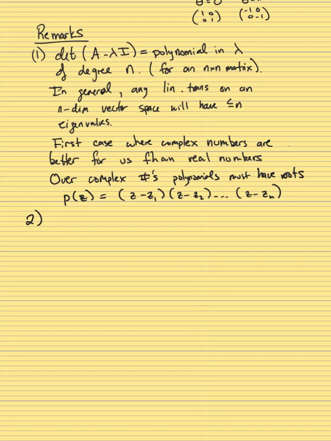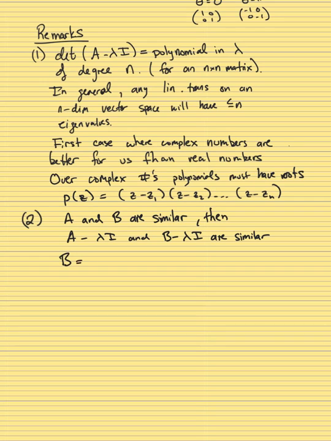The second thing that I want to remark on is that if A and B are similar, then A minus lambda I and B minus lambda I are also similar. Okay, so this is easy to check.